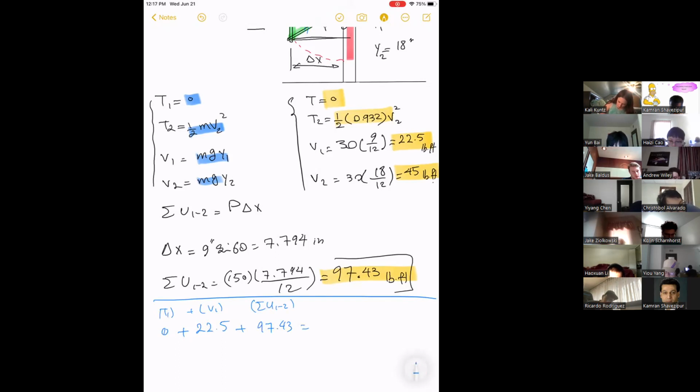equals T2, which is half times 9.3. Let me just calculate that. 9.932 times half. Point 466 V2 squared plus this is like T2. And V2 is going to be 45. Okay. And from here, you can get your V2.